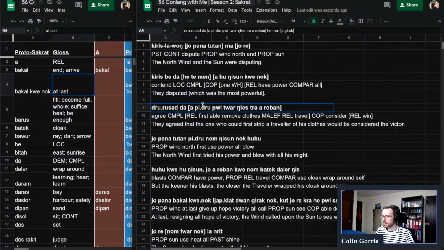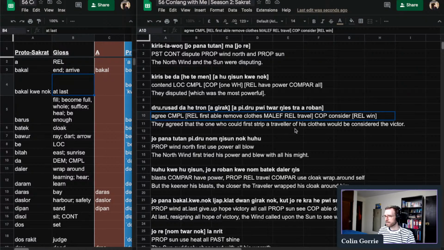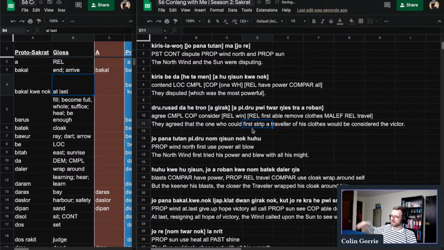So I'm going to take the copula with its complement and put it right after the complementizer. And we can put, yeah, so that's good. This means was considered the winner. So they agreed that they would consider the winner the one who was first able to remove the clothes from the traveler.